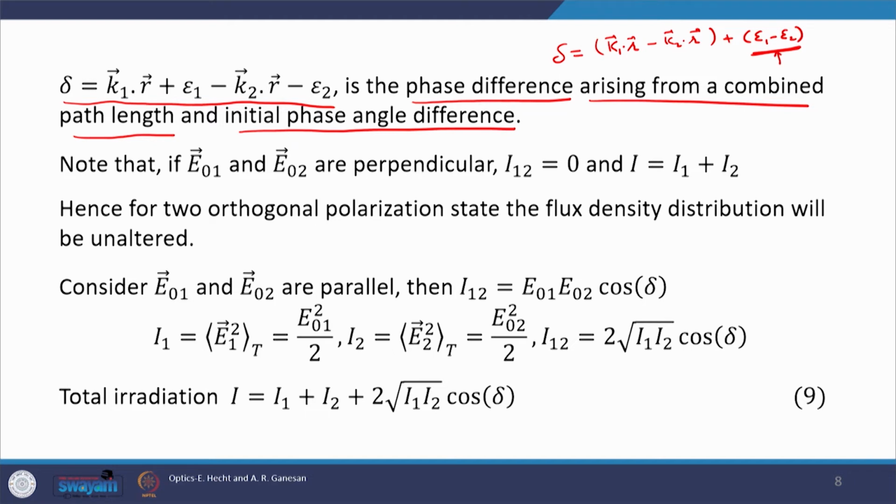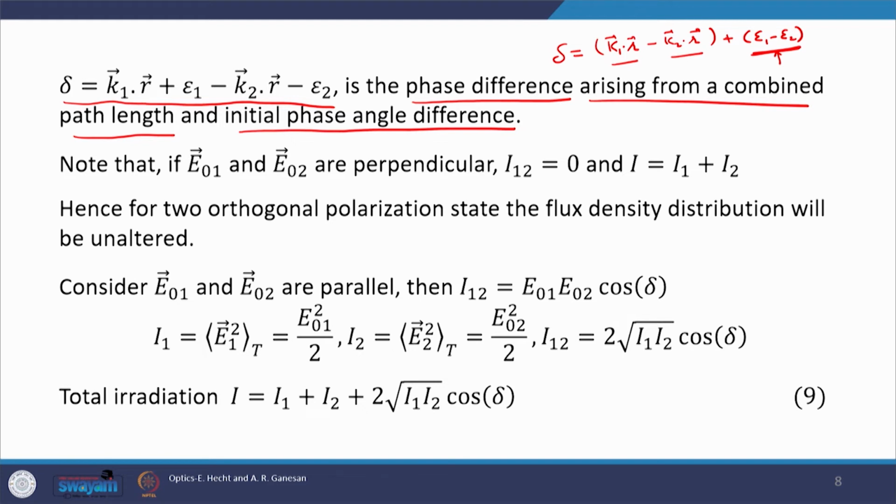Epsilon 1 is the initial phase of wave 1, epsilon 2 is the initial phase of wave 2, and therefore epsilon 1 minus epsilon 2 is the phase difference arising out of initial phases. Similarly, K1 dot R minus K2 dot R stands for the phase difference arising out of path length difference.